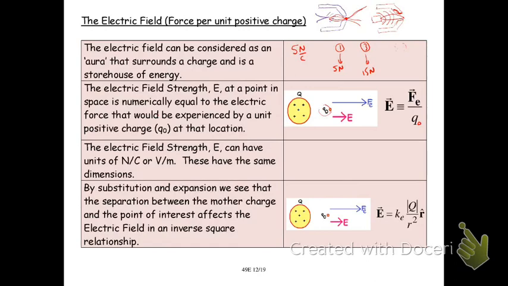I can justify that by saying if a volt is energy per coulomb, so it's joules per coulomb, and I divide that by meters, and a joule, of course, is a force times a distance, so it's going to be a newton meter per coulomb per meter. So that goes to newtons per coulomb. So I can justify that. If it walks like a duck, talks like a duck, quacks like a duck, it's a duck. So these are equal to each other.